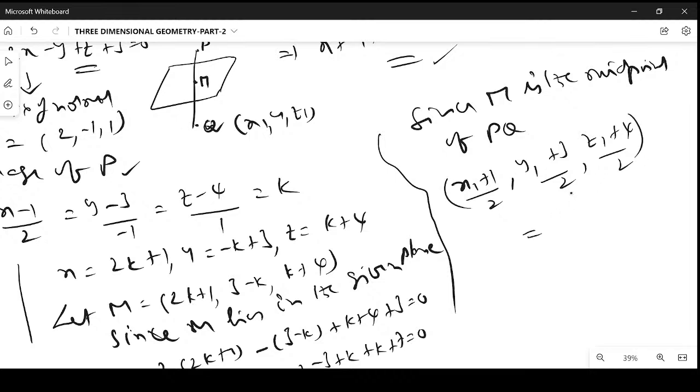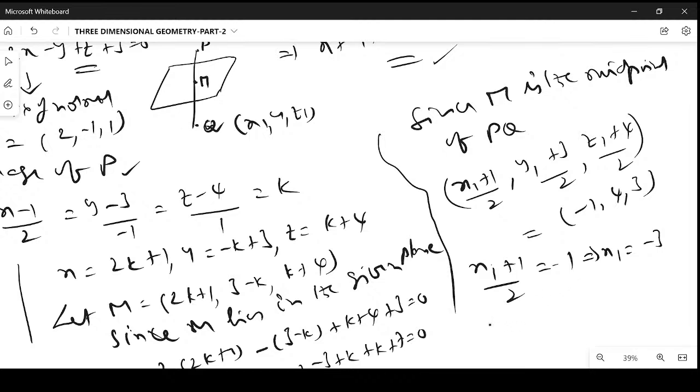This is equal to the M point we got: minus 1, 4, 3. If we simplify, (x1 plus 1) by 2 equal to minus 1. Now x1 is minus 2 minus 1, minus 3.